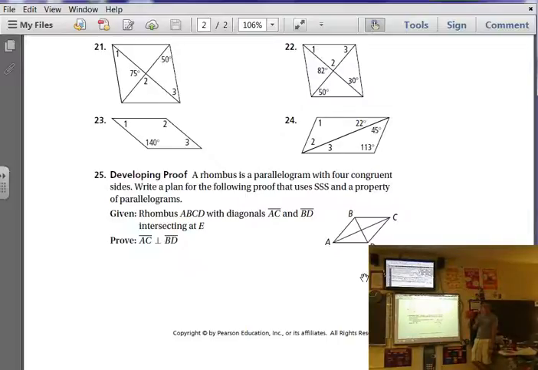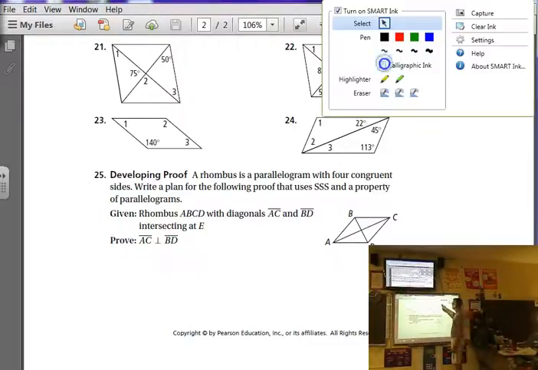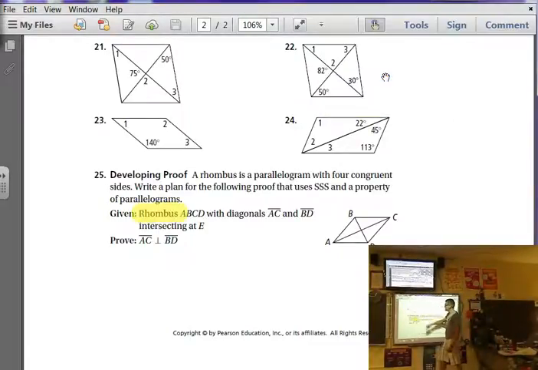Wait, aren't we trying to prove that it bisects? No, we're trying to prove they're perpendicular. And because they tell me it is a rhombus, we know it bisects. So when they tell us the shape, we know the properties of the shape unless it's one we're trying to prove. So why does it say prove AC is perpendicular? Okay. That makes way more sense.